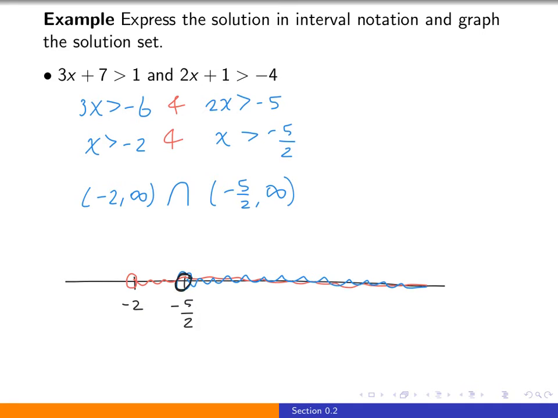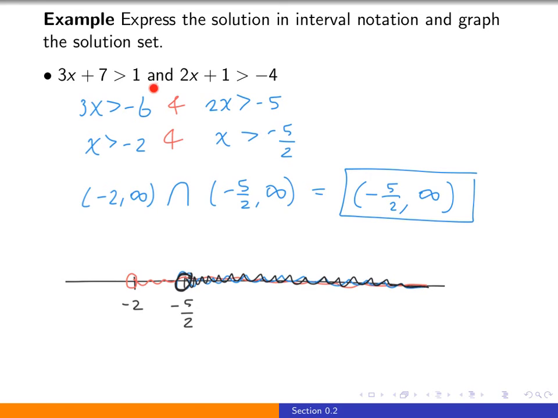So putting that in here in black, we have an open circle at minus 5 halves, and we go to the right. So the desired solution is going to be the open interval minus 5 halves up to infinity. And the important observation in this example is that the and sign really becomes an intersection.